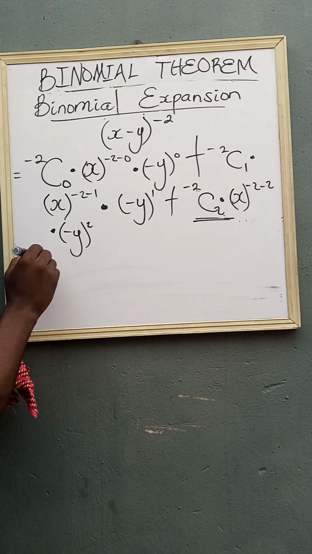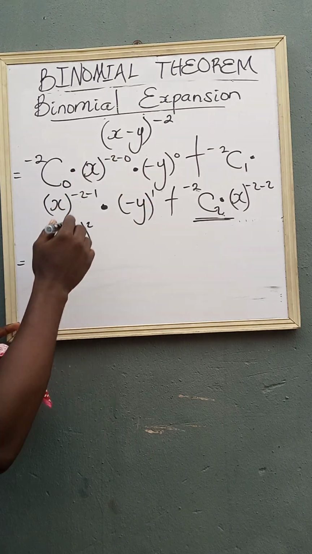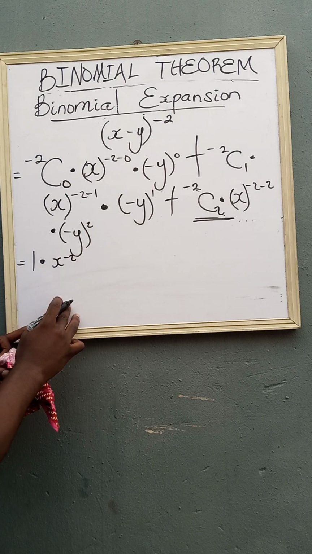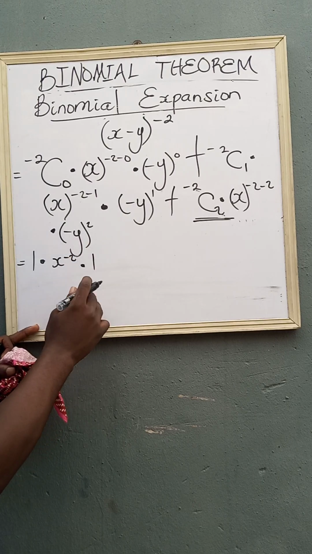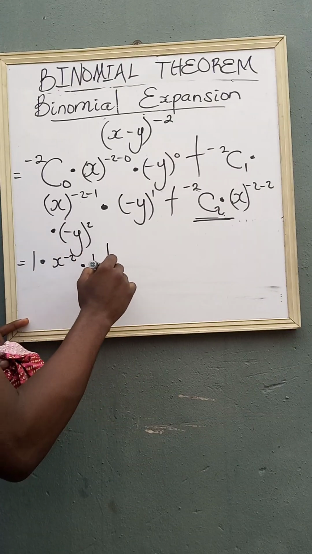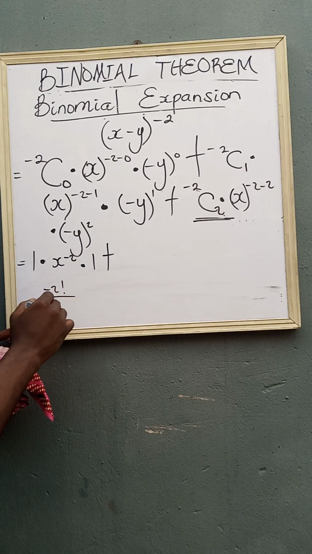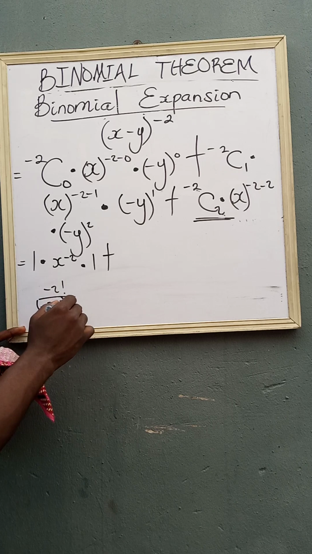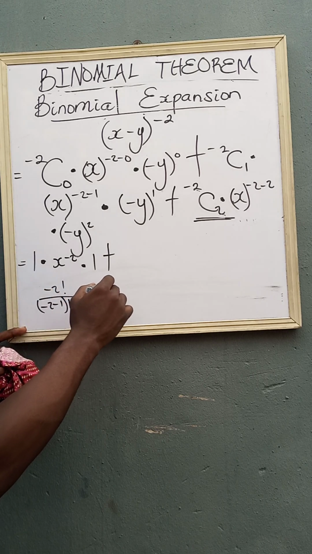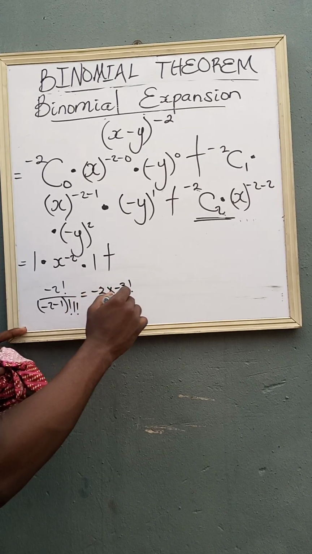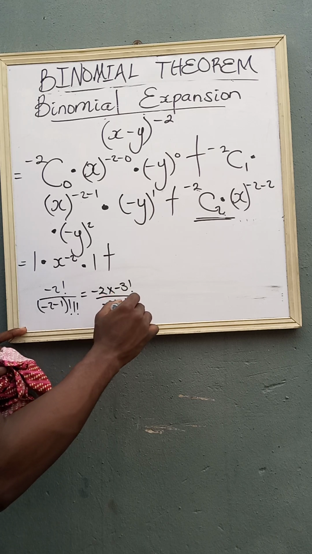So this gives 1 multiplied by x raised to the power of minus 2 minus 0, which gives minus 2. Minus y raised to the power of 0 gives 1, since anything raised to the power of 0 gives 1. Plus minus 2 factorial over minus 2 minus 1 factorial, 1 factorial. This is minus 2 times minus 3 factorial over minus 3 factorial, then 1 factorial.